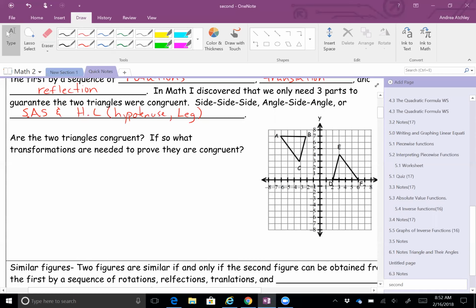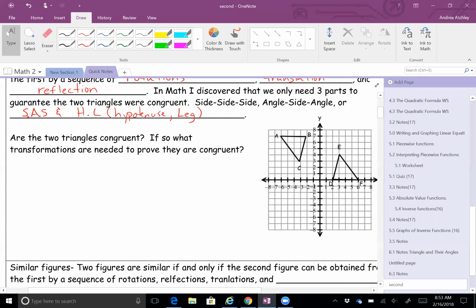Any ideas on how I can do that? Yep. Ooh, reflect across the y-axis. So let's see if that works.